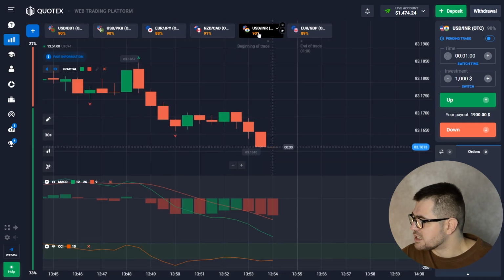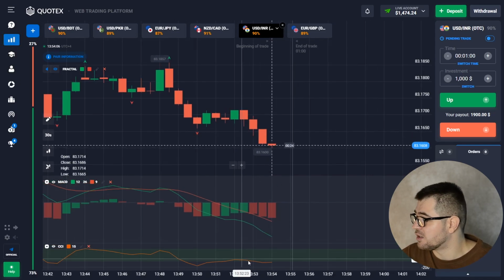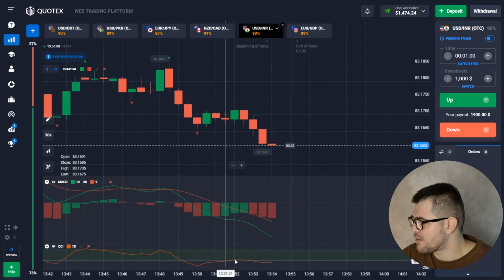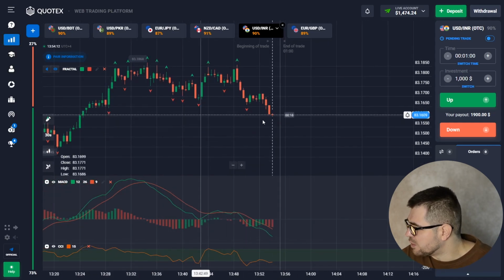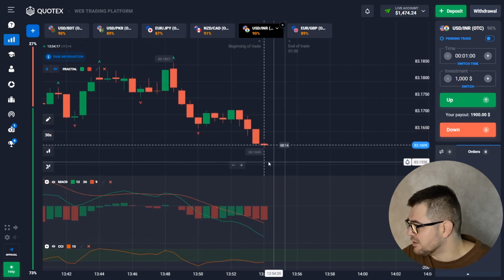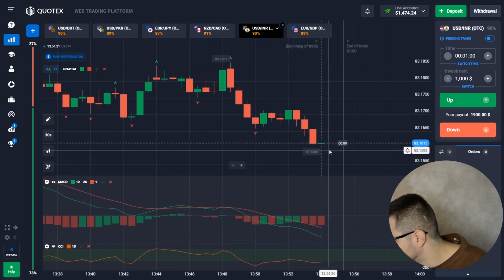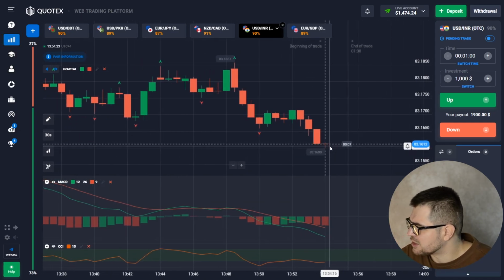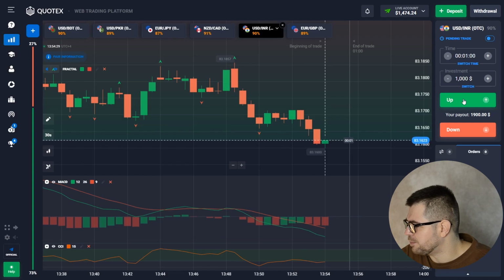Okay, so let's check out maybe this one here. Here is the opposite. The trends are pretty bearish. Actually, see, we're touching the support levels here, and the fractal is showing that the price would go up. Also, the CCI is kind of showing us that the price would probably pick up.